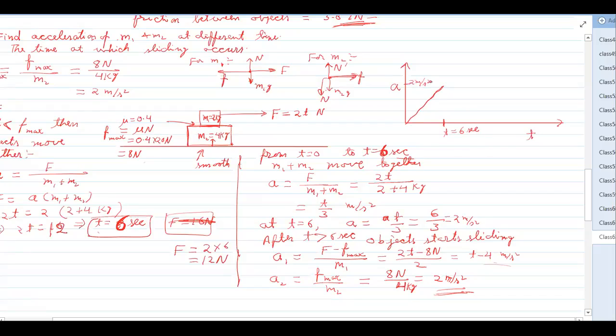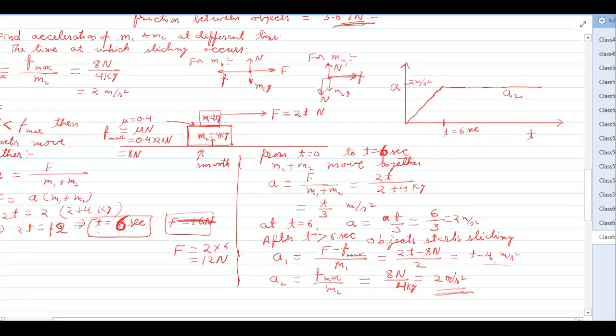Okay, it reaches to this point. Up to here it is common, A1, A2 is common up to this. But after this moment, the A2 is 2 only, it will not increase. It will remain constant now. This is A2. And what is the condition of A1?